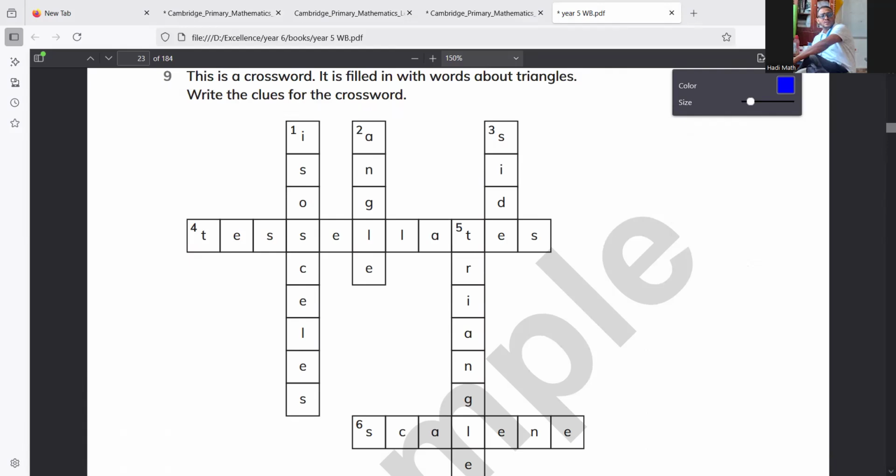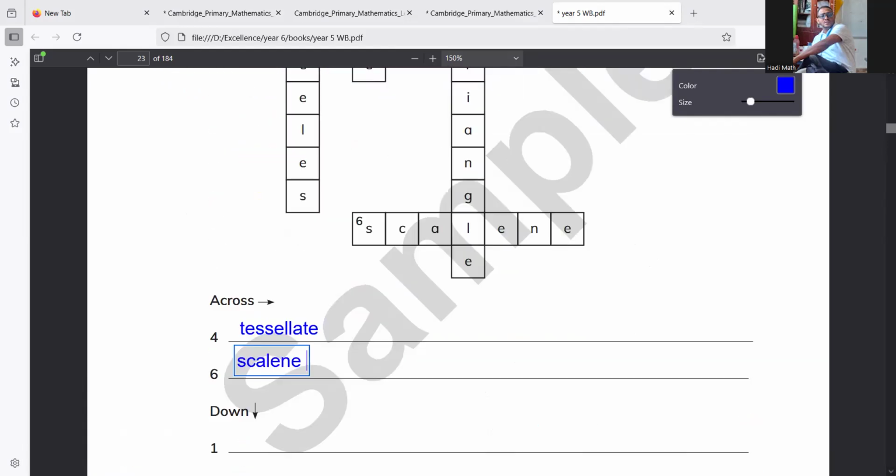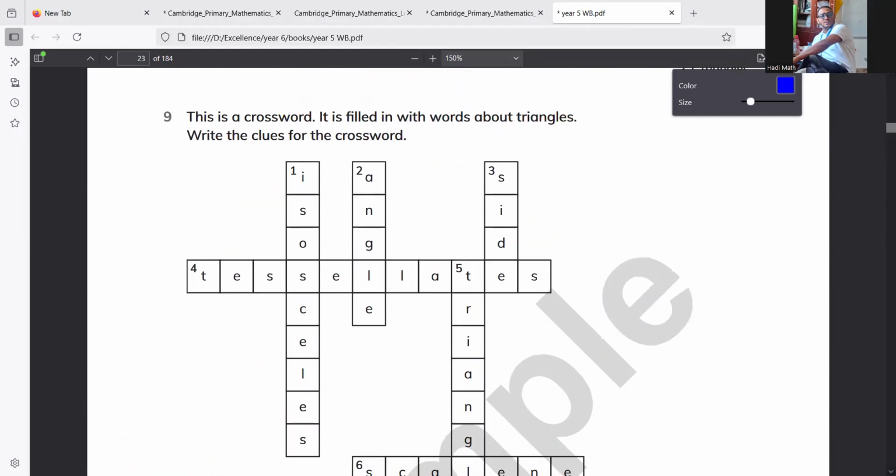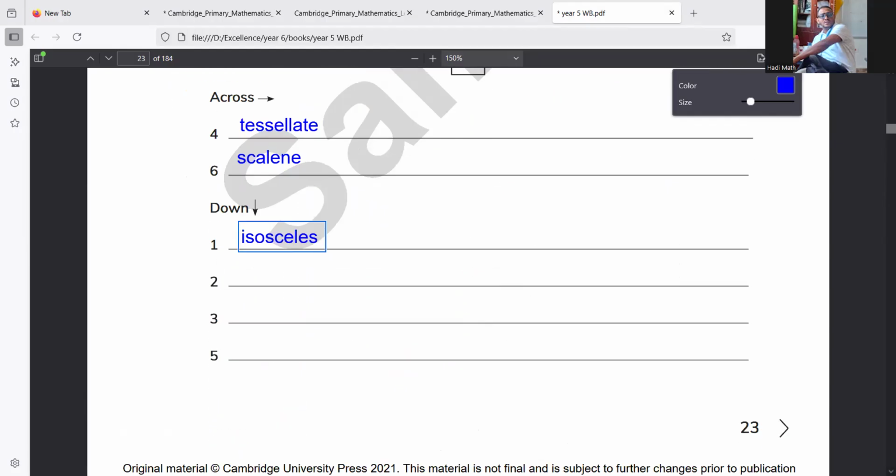Then let's go to number 1 down. We have isosceles. In the second word, number 2, we have angle.